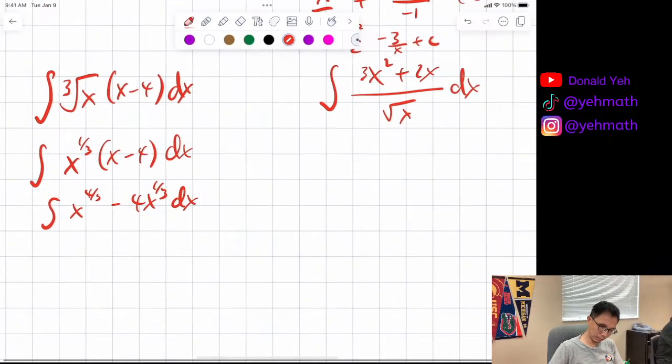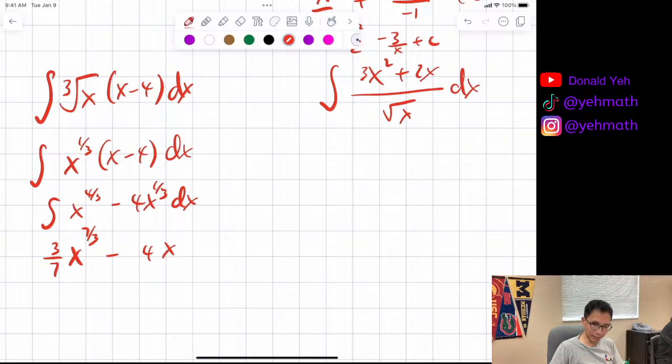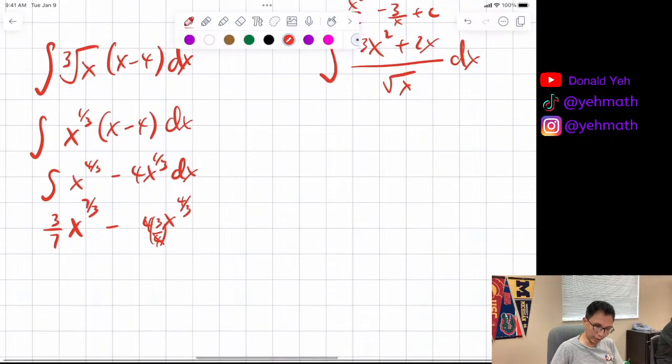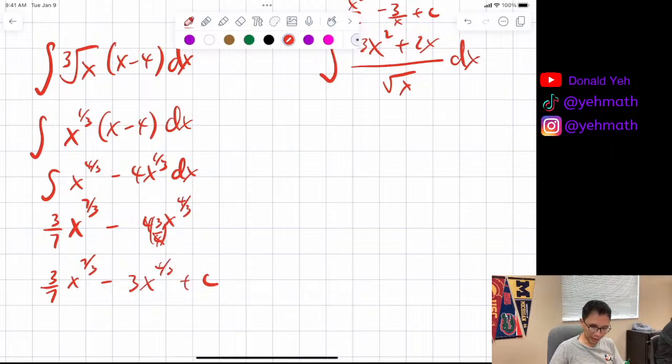What is the x to the 4/3? 7 over 3, 3 over 7, minus 4x to the 4 over 3, 3 over 4. And the 4s cancel out. So 3 over 7 x to the 7 over 3, minus 3x to the 4 over 3, plus c.